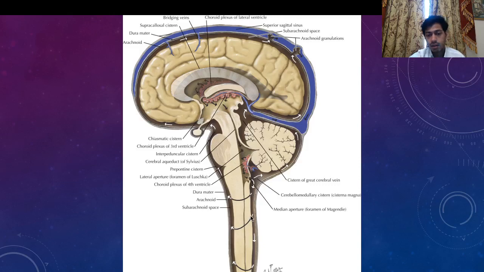Well, it gets into the subarachnoid space via the lateral aperture, or the foramen of Luschka, which is in this tent-shaped fossa, the fourth ventricle. So via this small orifice opening, the CSF can rest and also provide structural safety and shape to the entire spinal cord and the brain.